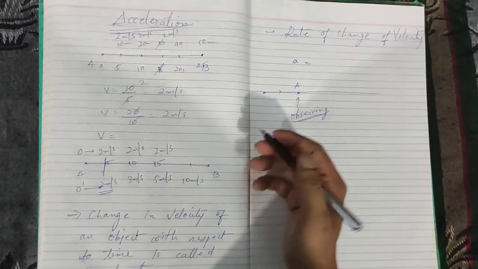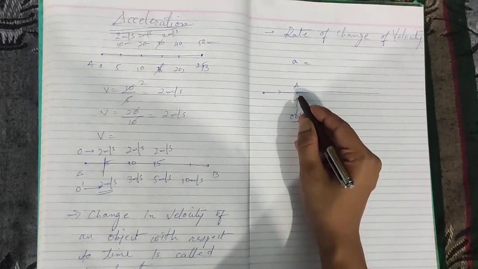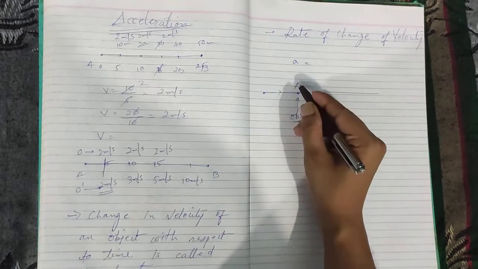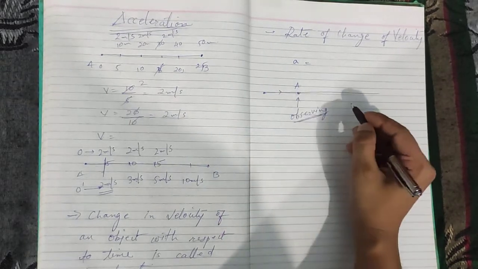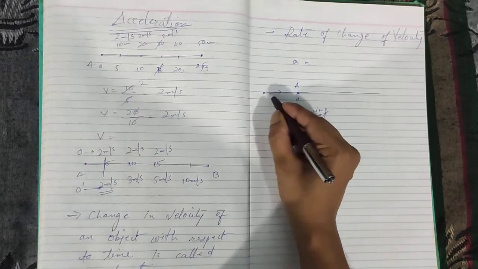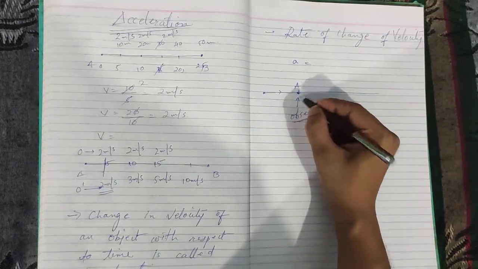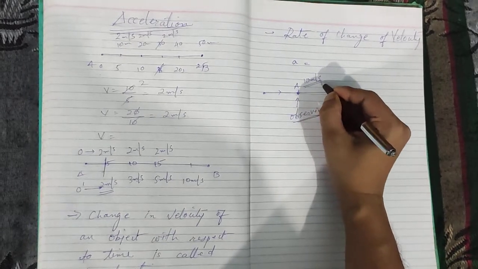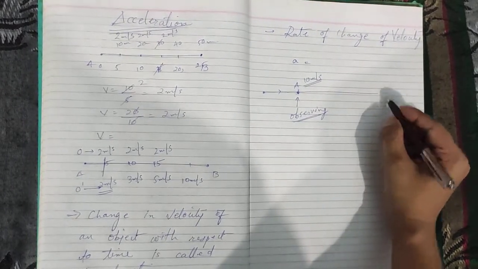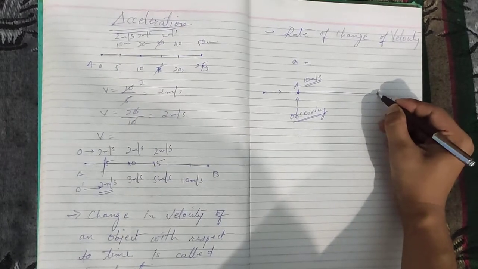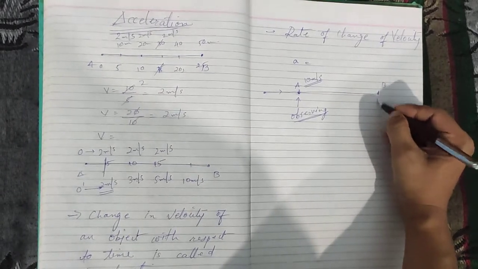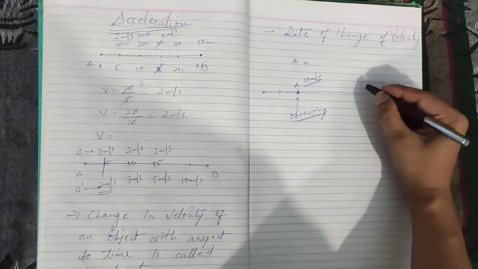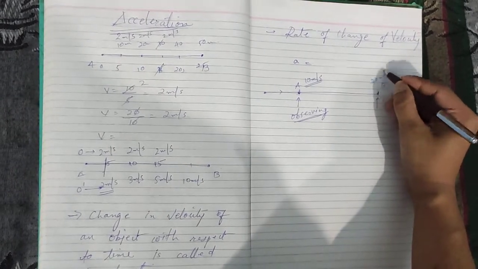It is not always necessary that the object is starting its journey from point A. There are many cases in which the object is already moving, but you are standing or observing the object at point A. So the object passes from point A, and when you observe it, its velocity is 10 meters per second. And when your friend at another point B is observing, the object's velocity has changed from 10 to 20 meters per second.